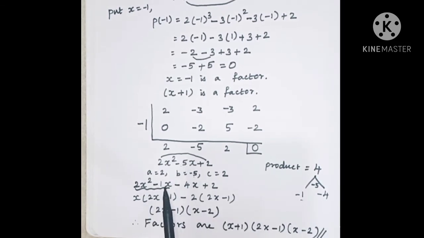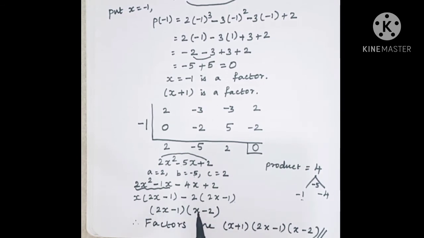Using the splitting the middle term method, 2x square minus 1x minus 4x plus 2. Taking the first two terms, the common variable is x. So x into 2x minus 1 minus 2 into 2x minus 1. Inside the bracket we have 2x minus 1 and outside the bracket we have x minus 2. Therefore, the factors are x plus 1, 2x minus 1 and x minus 2.